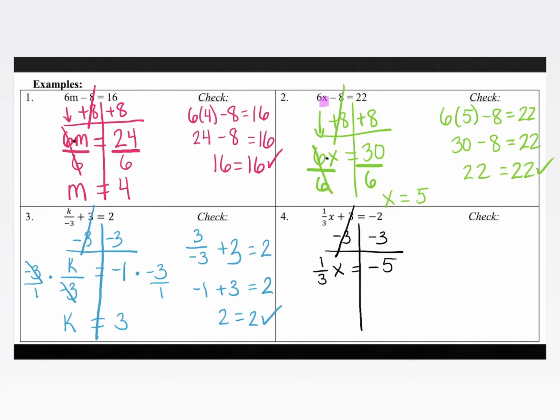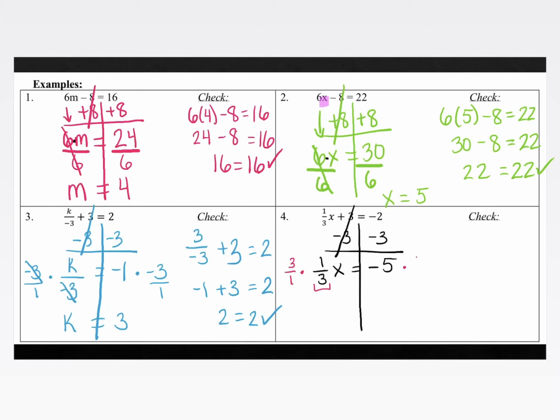Now, because this is multiplication here, we could divide both sides by 1/3, but remember what we learned earlier in this video is that when we divide by a fraction, it's the same thing as multiplying by its reciprocal. So the reciprocal of 1/3 is really 3 over 1. We flip it.